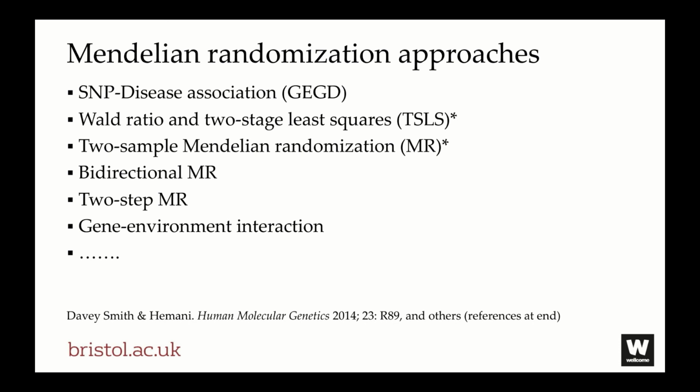Very briefly, I'll go through these individually, but I'm mainly going to talk about the second and the third one here. The SNP-disease association is essentially when you have a particular data set that doesn't have the exposure measured. So what you're genuinely looking at is the relationship between your SNP and your outcome, which might seem counterintuitive because we have that main assumption that there is no independent link between your SNP and your outcome.